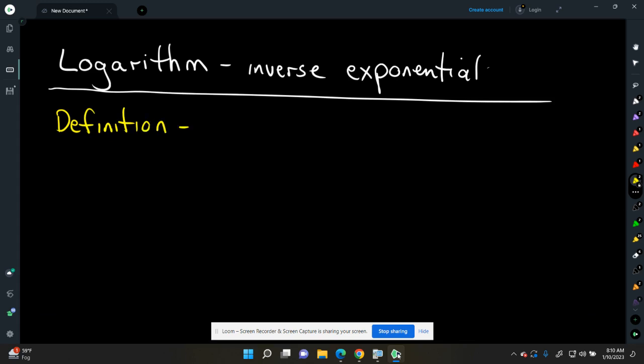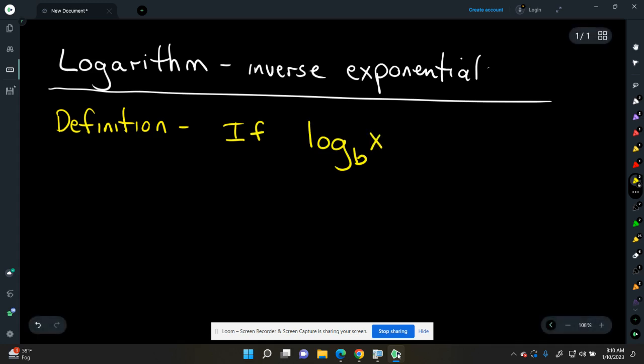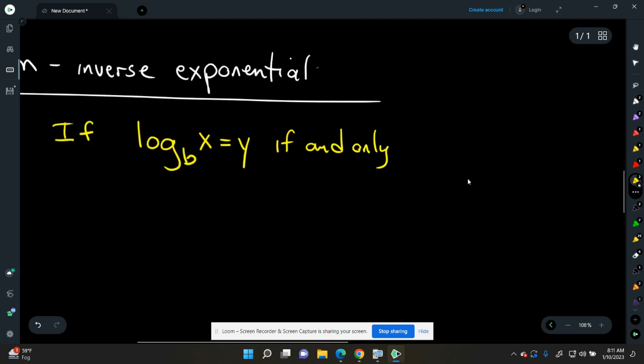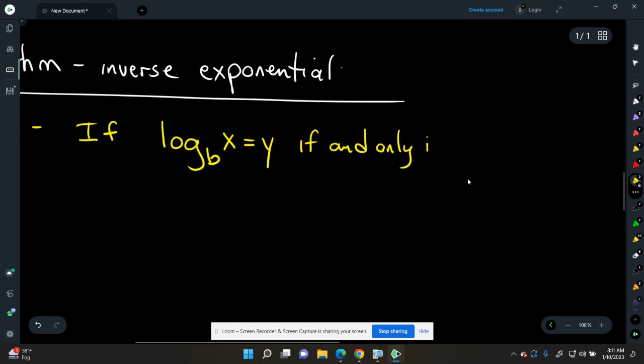So the definition of a logarithm says that log base b, we use b so that we can remember it's the base, log base b of x equals y, if and only if, and we're going to talk about that in a moment, okay, if and only if b to the y equals x.